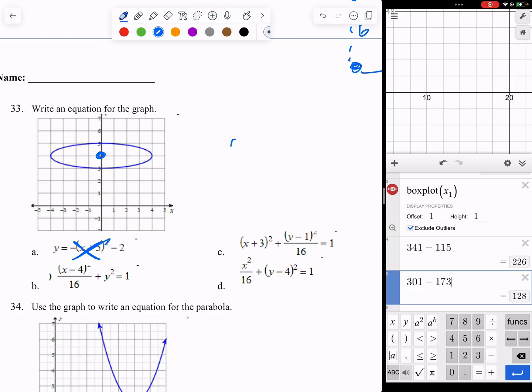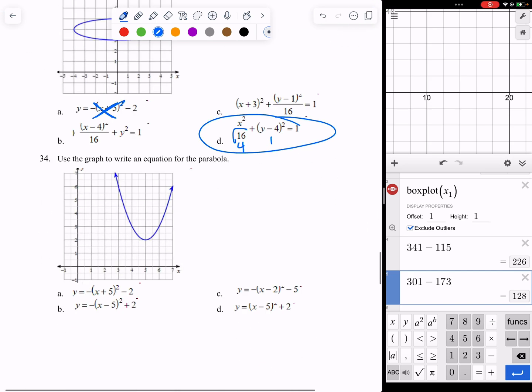The center is 0, 4. That's the only one with 0, 4. Also square root of 4, 1. So 1, 2, 3, 4, that's 4 across, up 1.